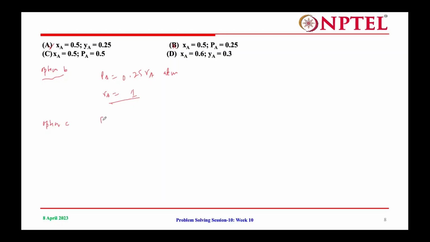So P is equal to 0.25 gamma. And put the PA value, P equal to 0.5, in this equation. So gamma A is equal to 2.